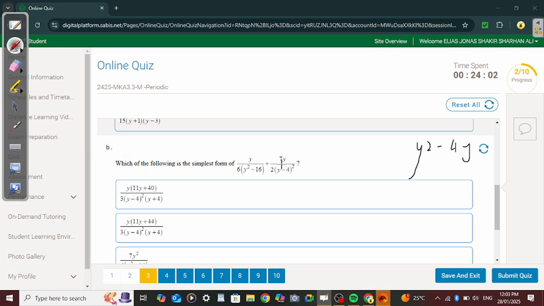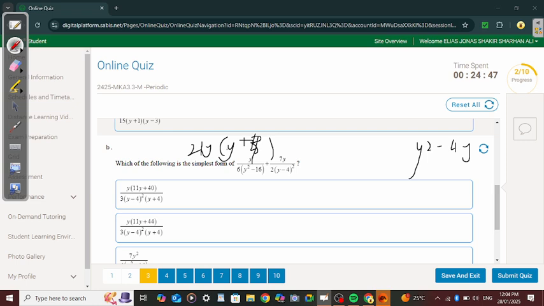Now we multiply 7y by 3(y + 4). So let's multiply 7y by 3 first of all. 7 multiplied by 3 is going to be 21, and the y stays the same, that's going to be 21y. So 21y(y + 3). 21y multiplied by y is going to be 21y². 21y multiplied by 3, that's going to be... wait, no, it's not plus 3.